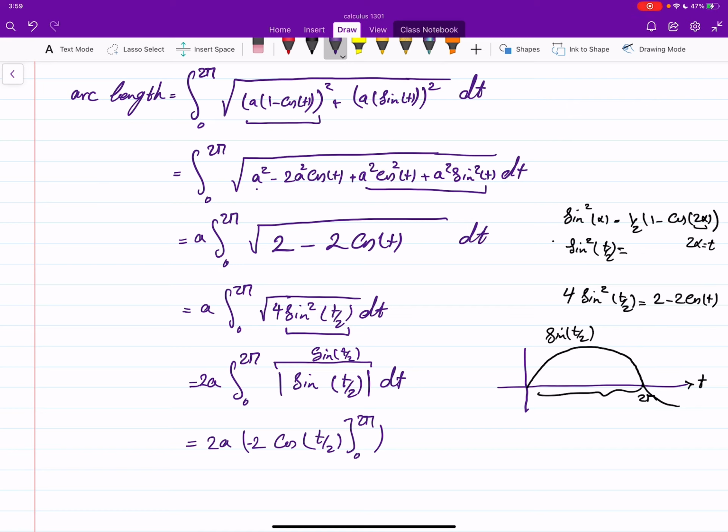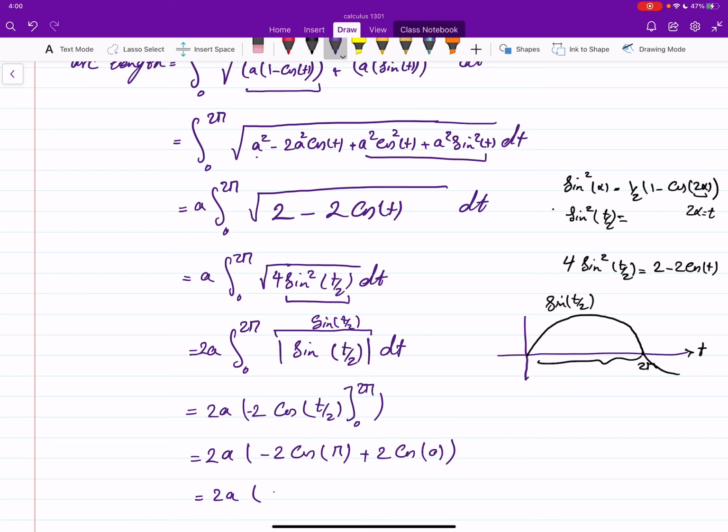Okay. So we have 2a times negative 2 cosine of 2 pi over 2, which is just pi, minus negative 2 cosine of 0. Okay, so this is 2a.